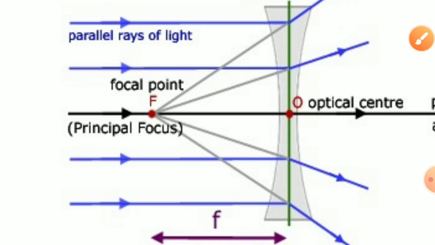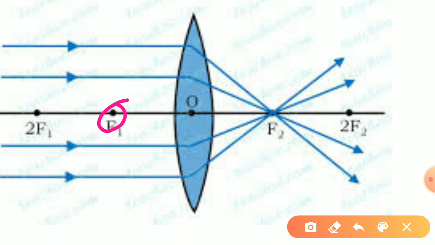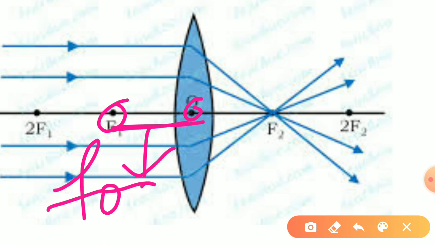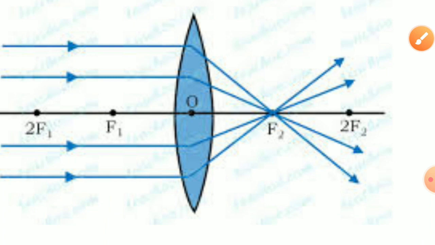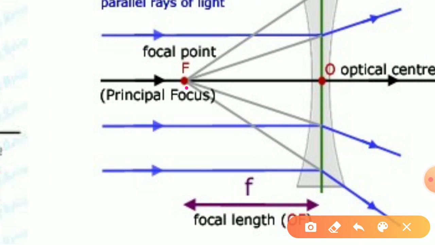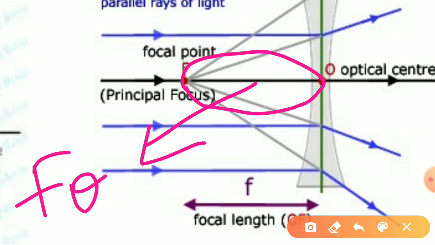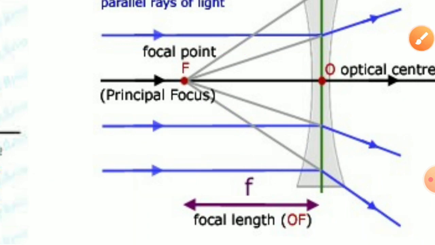The distance between the focus and the optical center is known as focal length. In this diagram, this distance is known as focal length. So the distance between the focus and the optical center is known as focal length.